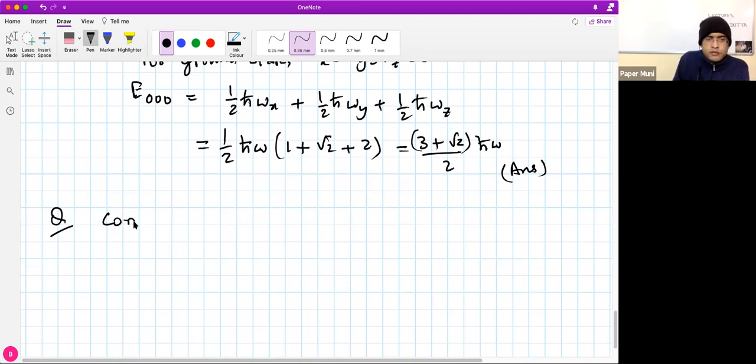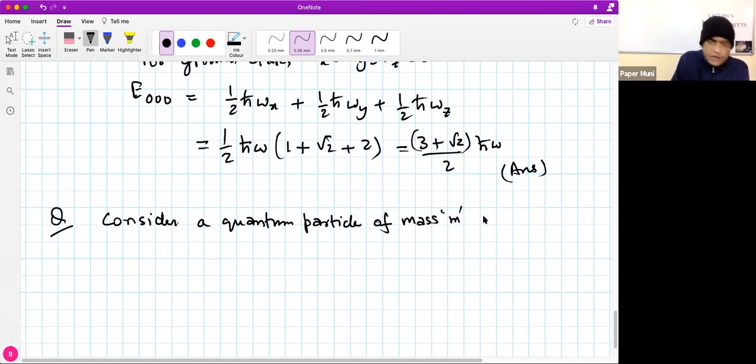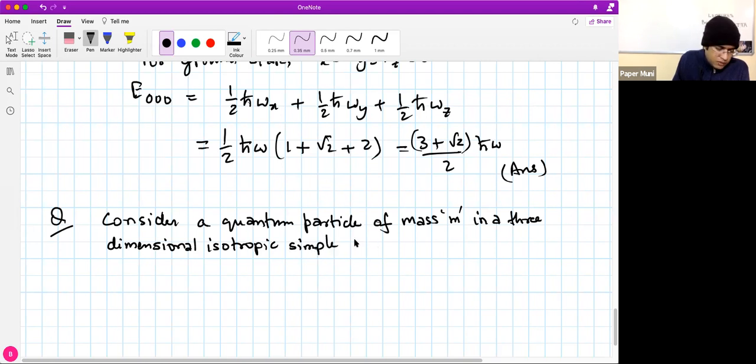So consider a quantum particle of mass m in a three-dimensional isotropic simple harmonic potential.